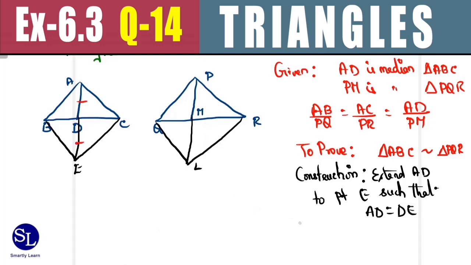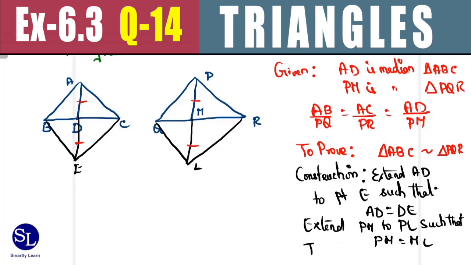Extend PM to PL such that PM is equal to ML. This is the second part. And then we have joined BE, EC, then QL and LR. So this is what we have done, so that we have made it into a four-sided figure.